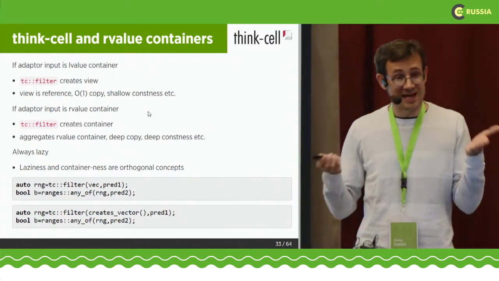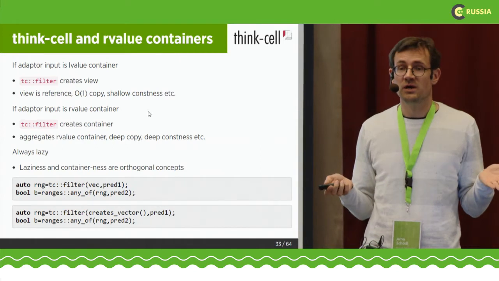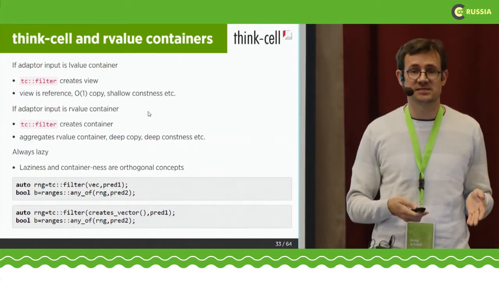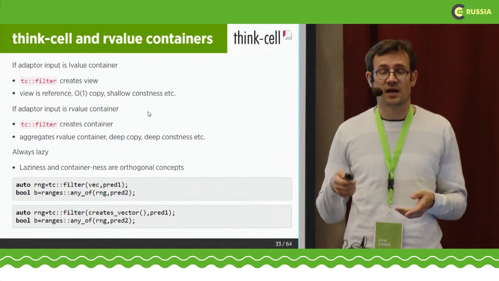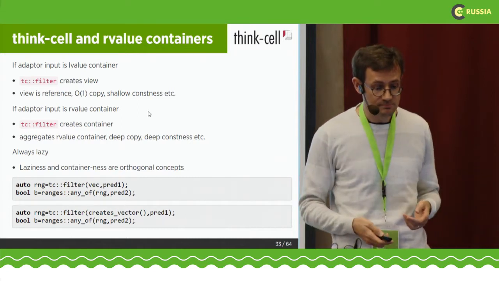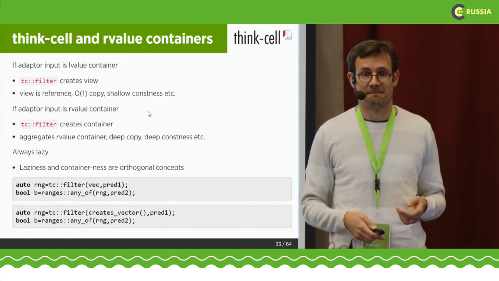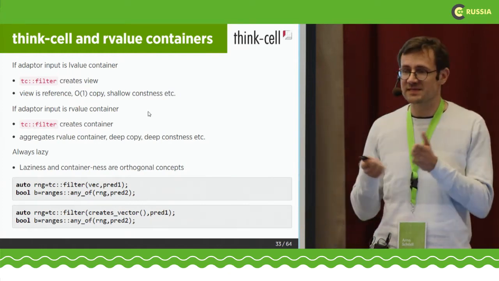And it will actually be a container. So you will have a container that has deep copy semantics, it has deep const, and it's owning its elements, but it's still lazy. And I think that's kind of important.